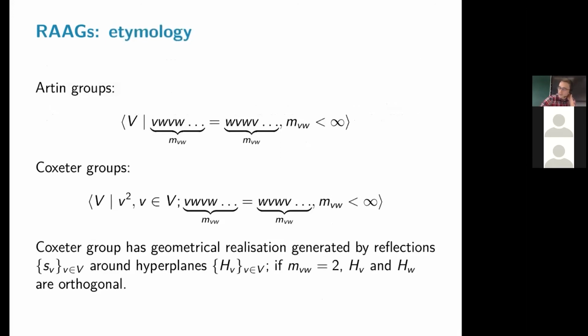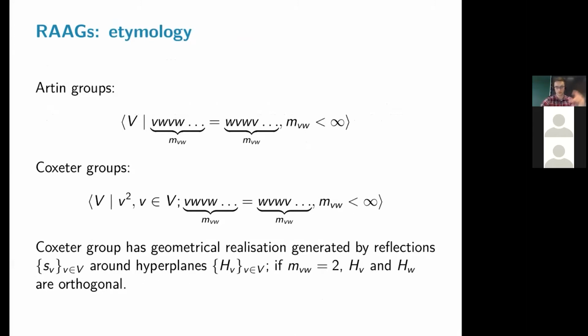Okay, now perhaps some word regarding the terminology right-angled Artin groups. So the Artin groups I already explained. These are groups given by this presentation. But for the right-angled part, we have to go to a family associated to the Artin groups, namely the Coxeter groups. So the Coxeter groups are defined very similarly as the Artin groups.